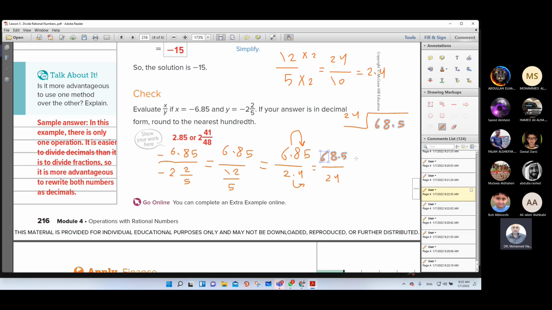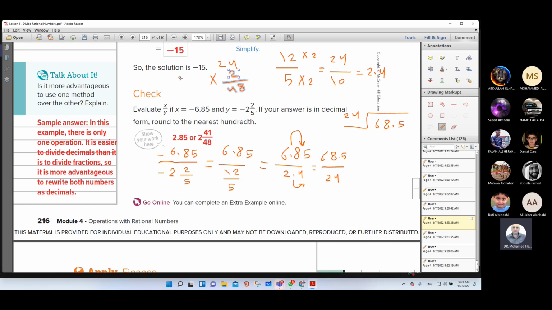Then you can do long division here. Here you have two digits, take two digits: 24, and here 68. 68 divided by 24: which number times 24 equals 68 or is close to 68? If you try 2, 2 times 4 is 8, 2 times 2 is 4, you will get 48.